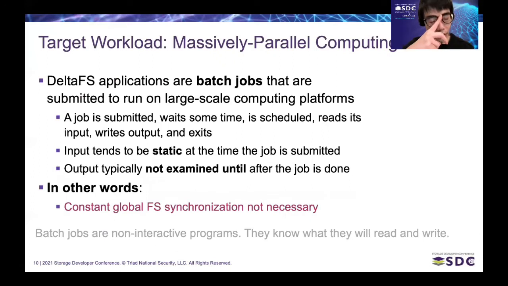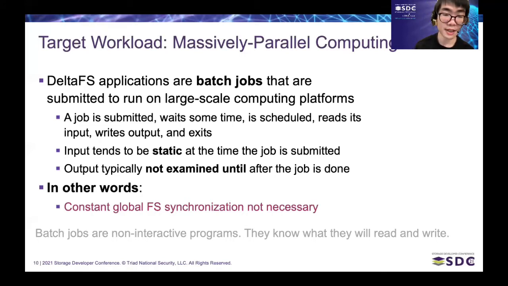DeltaFS is targeted at large job-running clusters. DeltaFS applications are expected to be batch jobs submitted to run on large computing platforms. So usually a job is first submitted to some job scheduler queue, and the job waits in the queue for a while. And then it is scheduled, the job reads input, writes its output, and it exits.